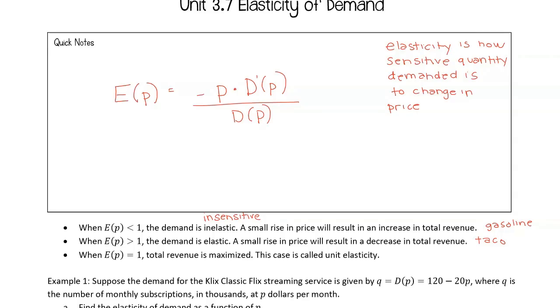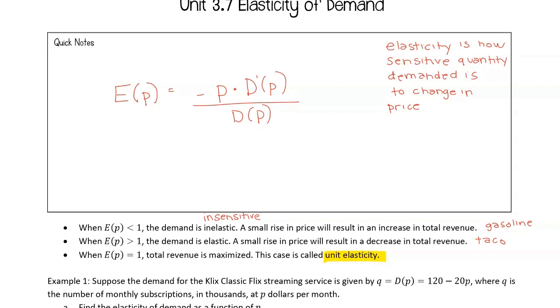If one restaurant gets to be too expensive, we either buy fewer tacos or we go to a different place. So something that is elastic is either something that has lots of substitutes or it's a luxury item. Okay, and then when elasticity equals 1, the total revenue is maximized, and we call that unit elasticity.